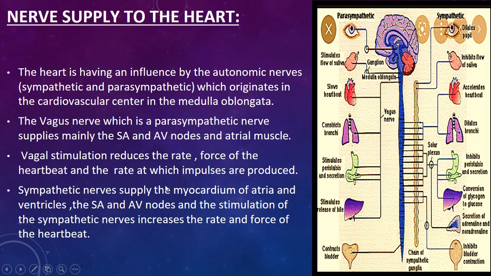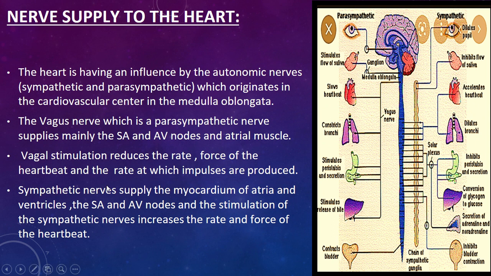So this is the parasympathetic. What is the sympathetic one? The sympathetic nerve supplies the myocardium of the atria and the ventricles, the SA node and the AV node. The stimulation of the sympathetic nerves increases the rate and force of the heartbeat. For example, as I already told, when a dog or any unusual circumstance, or somebody is following you, or you want to run, or you're an athlete, at that time the heart wants to pump more, and more energy, more blood supply, more nerve supply should be there.